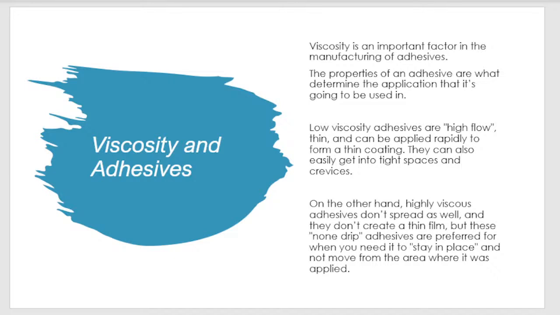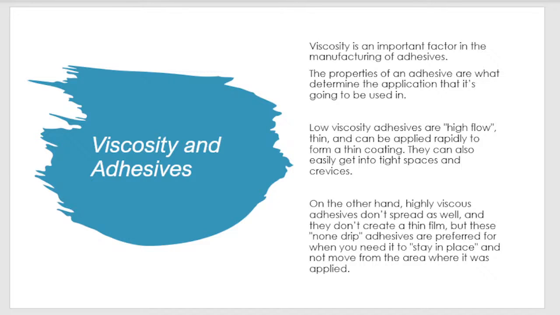The property of adhesives is what determines the application that it is going to be used in. So when you're manufacturing a specific adhesive, the properties of that adhesive will be chosen by the user. It will be studied by the user to see if it applies for what they need it for. One of these things is the viscosity.